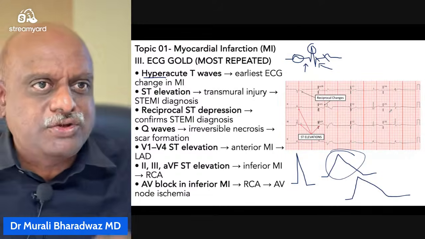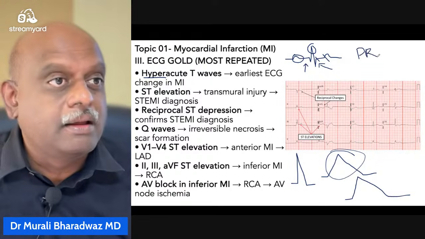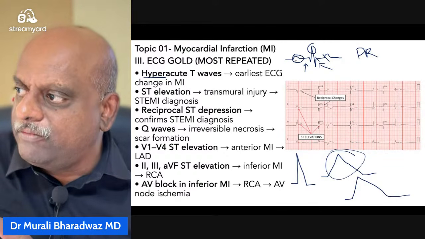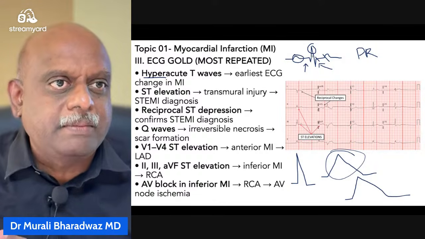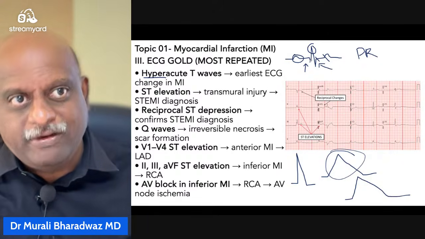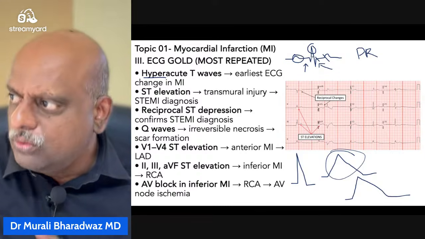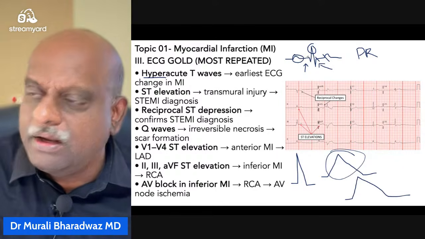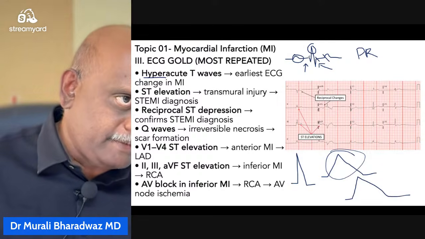There are two intervals you need to know. One is called PR interval. What is the meaning of PR interval? Starting of the P wave, including the P wave, plus the PR segment until the start of the QRS. You call it PR interval. What is PR segment? End of the P wave to the start of the QRS. The isoelectric segment is called PR segment. So you know PR segment, PR interval.